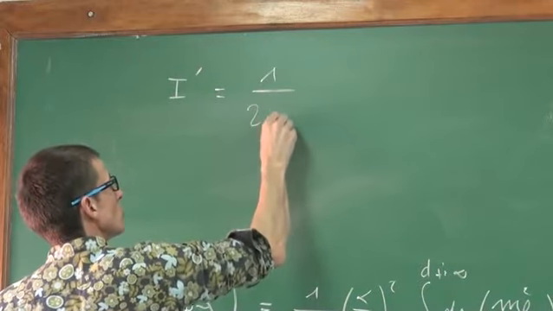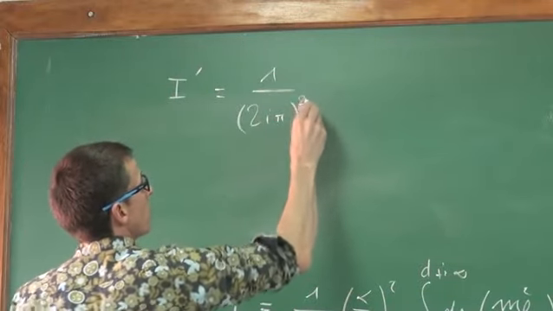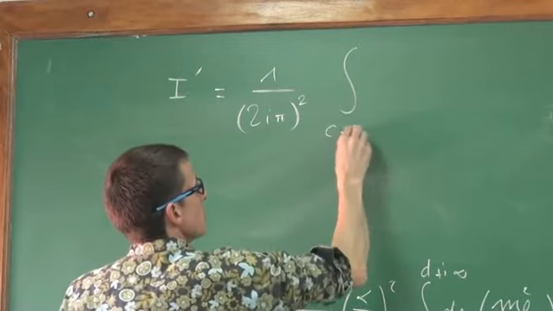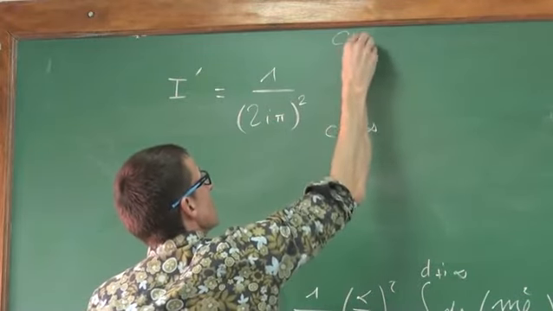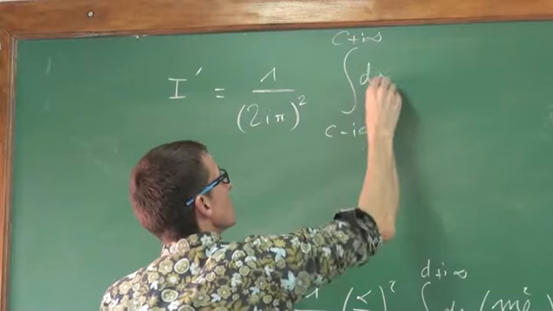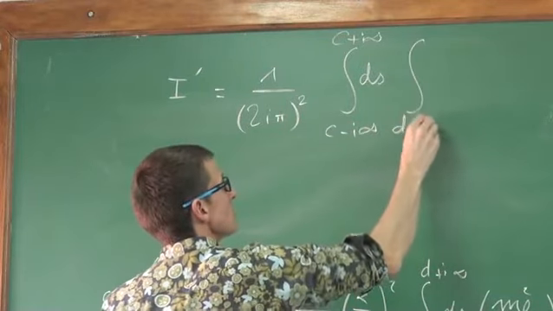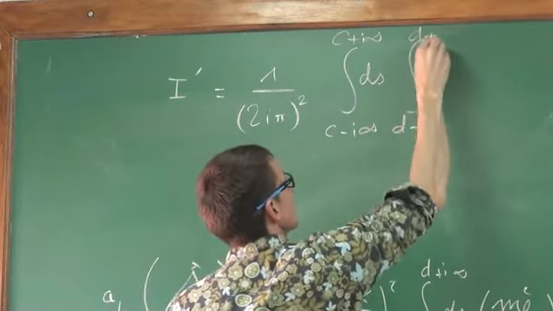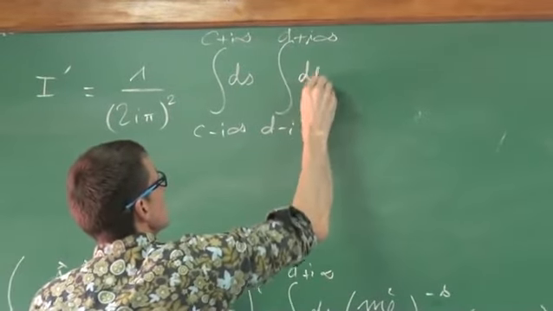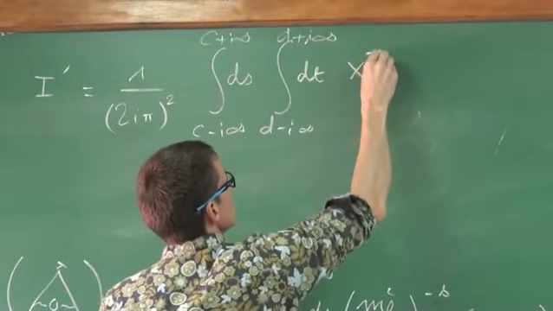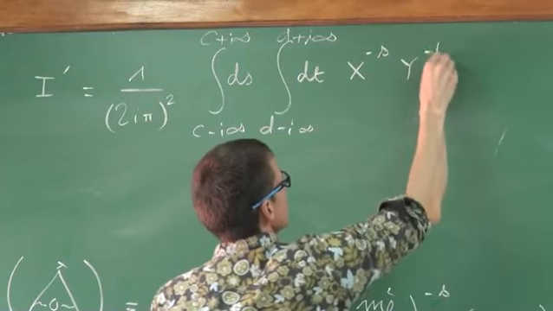1 over 2 I prime C plus K D minus I infinity plus I infinity x minus s y minus t.